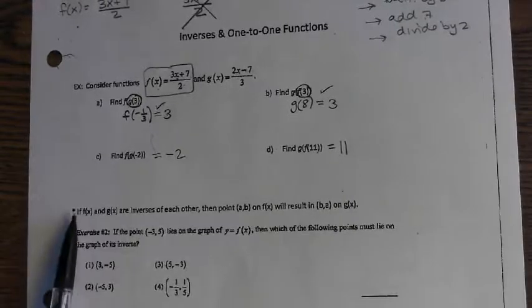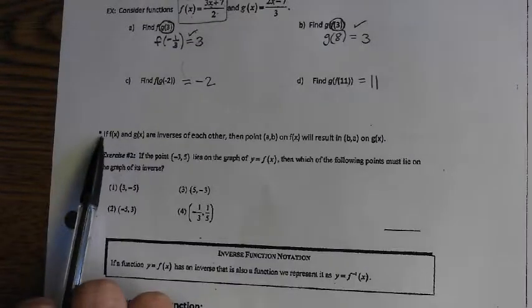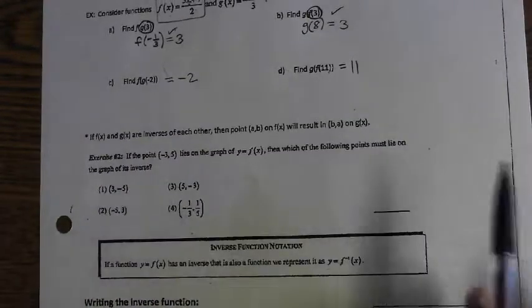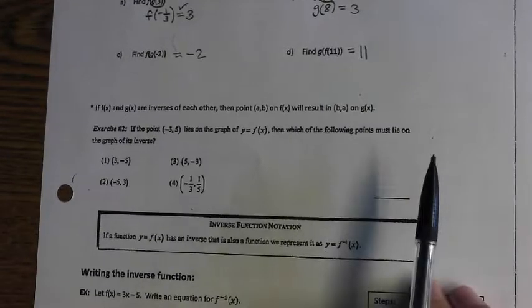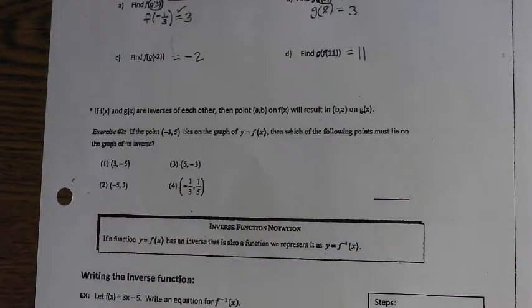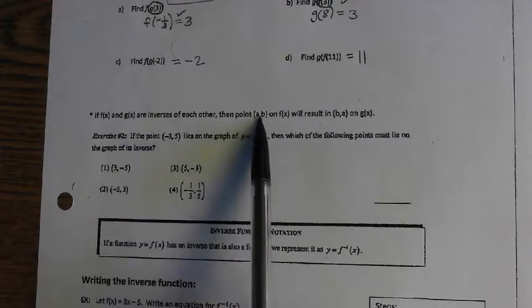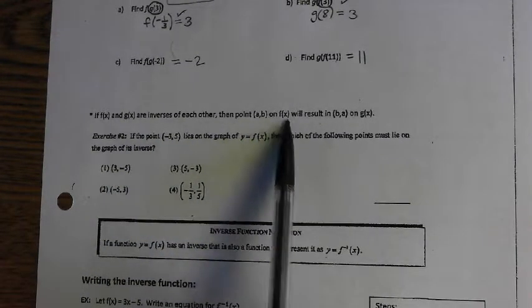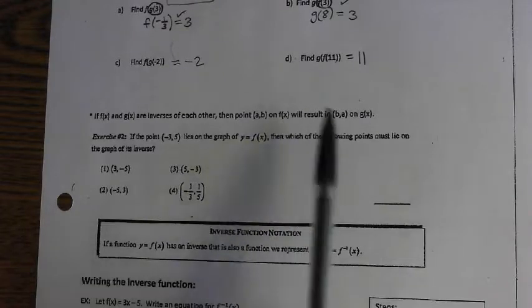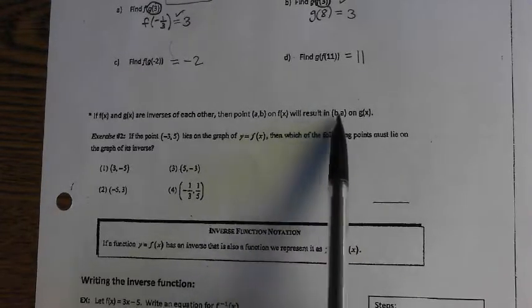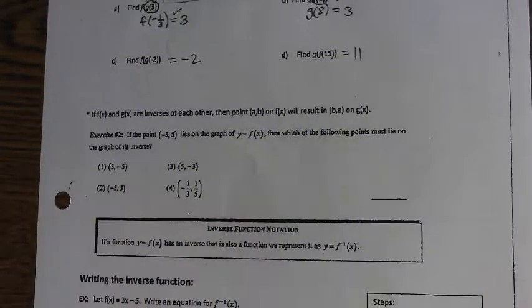Okay? Underneath that, I put a little asterisk next to it. It's a key point in a different kind of presentation. If two functions are inverses of each other, then point (a, b) on one of the functions will map to (b, a) on the other function.